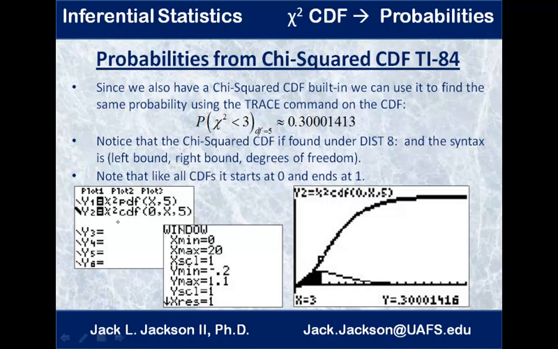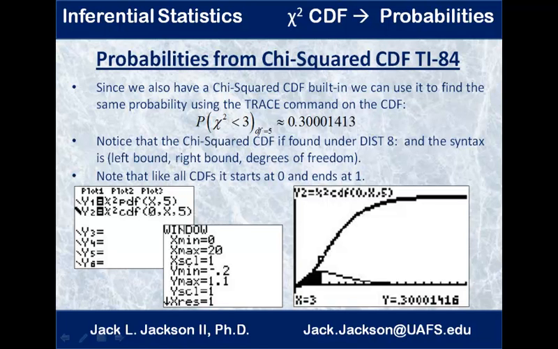But I'm also going to graph the chi-square CDF. So y2 is chi-square CDF. Remember, chi-square CDF is right below chi-square PDF. They're found under distributions. So second, calc, and I think one was 7, one was 8, but you can find them in the list there. The syntax is left bound, right bound, and degrees of freedom.